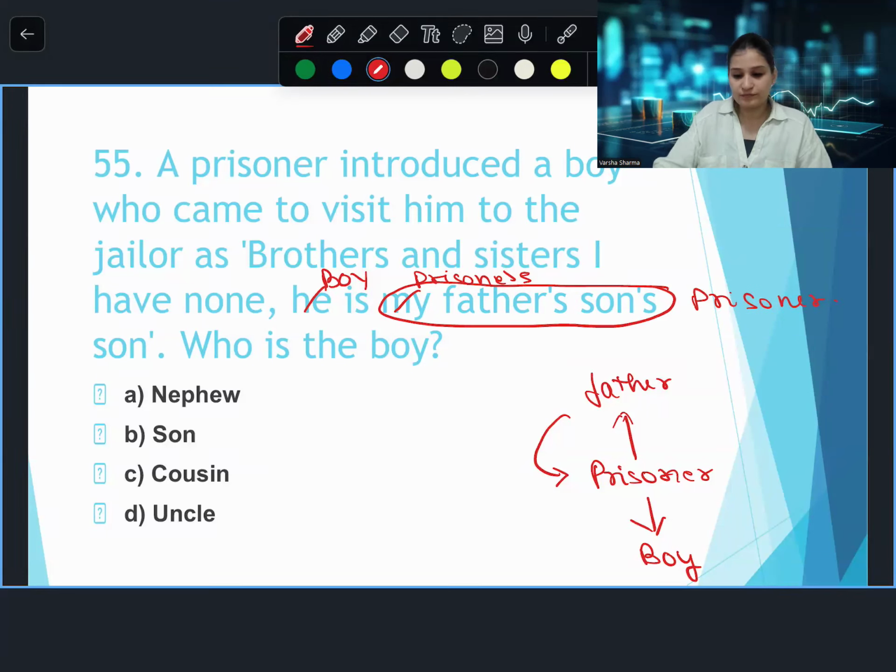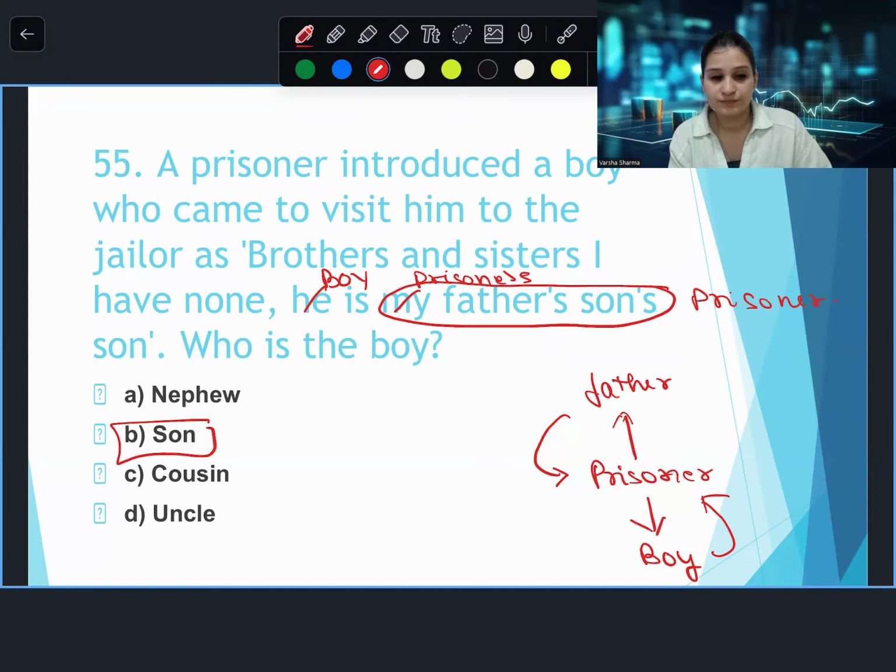Yes? Who is the boy to this prisoner? The prisoner's son. Okay, ma'am. Understood? Yes, ma'am. Got it, ma'am. Any doubts? No, ma'am. All clear?